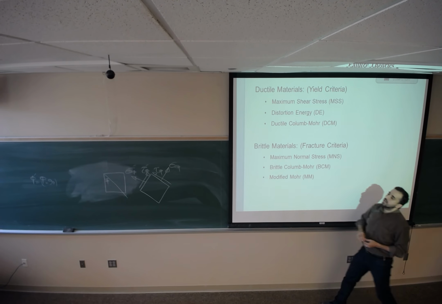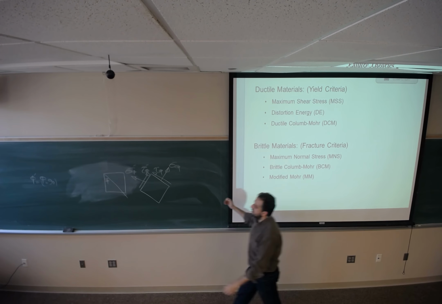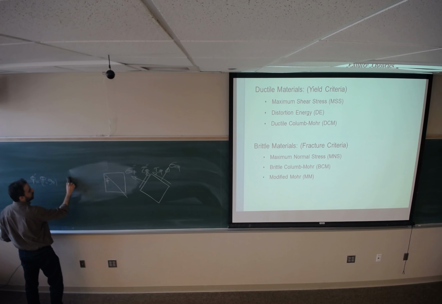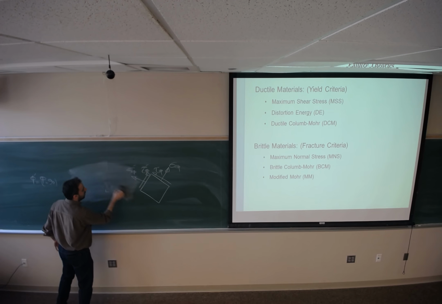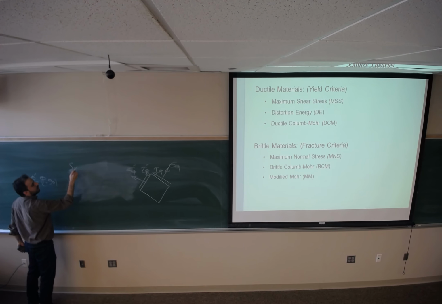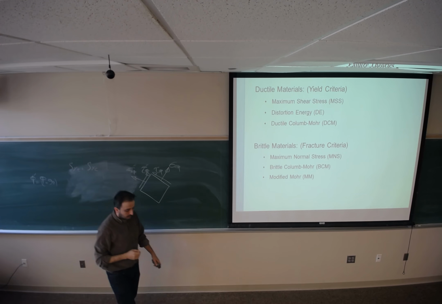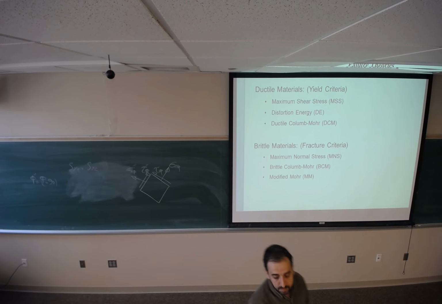If you remember, when we talked about properties of material, for most ductile material, Sy for tensile strength is going to be equal to the Sy for the compressive strength.